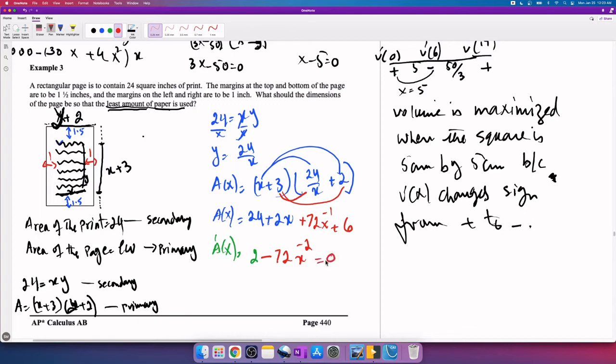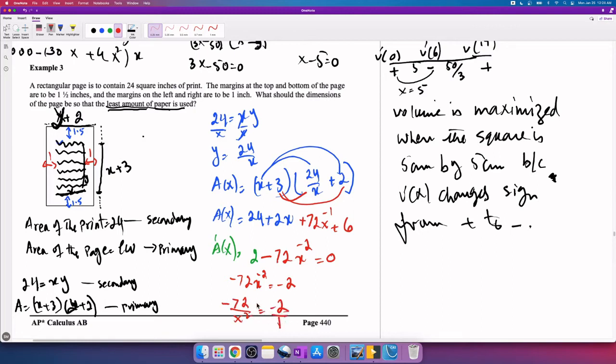We're going to make it equal 0 because we need the x value, to see which one, x and y both, so we can see the least amount of paper, like the area of the paper we use. So I'm going to do negative 72 x to the negative 2 equals negative 2 over here. I can make negative 72 over x squared equal negative 2.